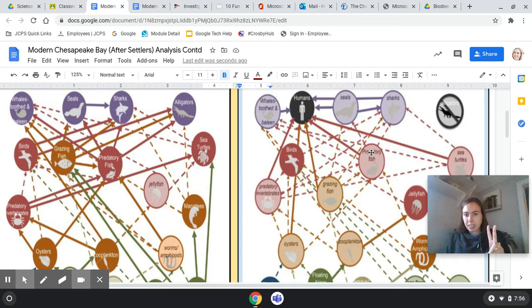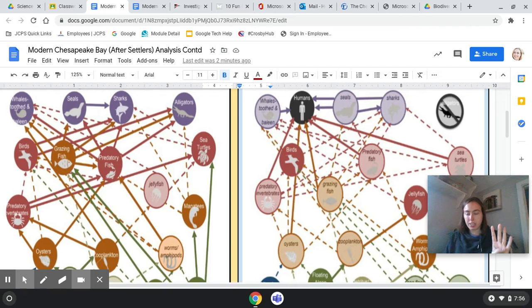And then I can see another line that is a solid line going from predatory fish to humans. So it's a strong interaction, so that's 3. I can see another line going from predatory fish to whales that's weak, so that's 4 interactions.